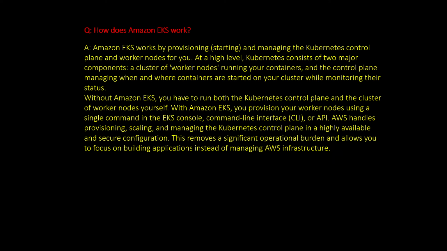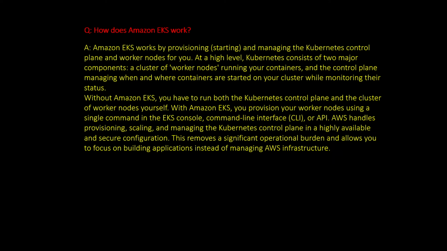At a high level, Kubernetes consists of two major components: a cluster of worker nodes running containers, and a control plane managing when and where containers are started on your cluster while monitoring their status. Without Amazon EKS, you have to run both the Kubernetes control plane and the cluster of worker nodes yourself.